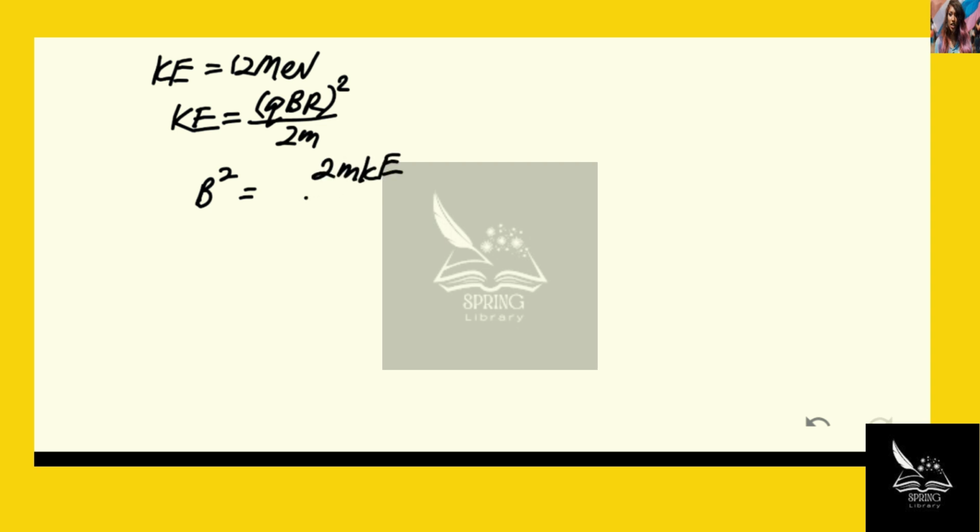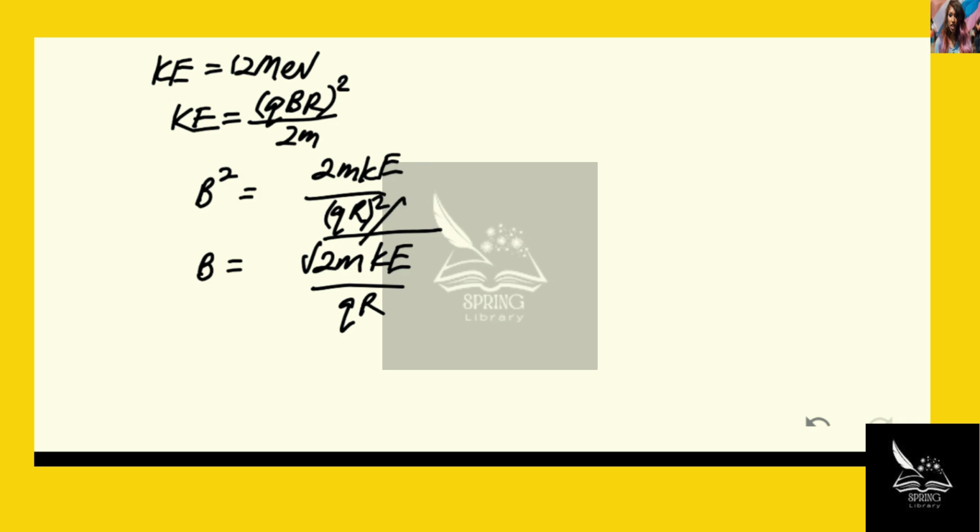Just rearranging the equation over here, we should get B to be equal to the square root of 2m times the kinetic energy over Qr, right, with the square root at the numerator. So we just have to substitute all these values in.